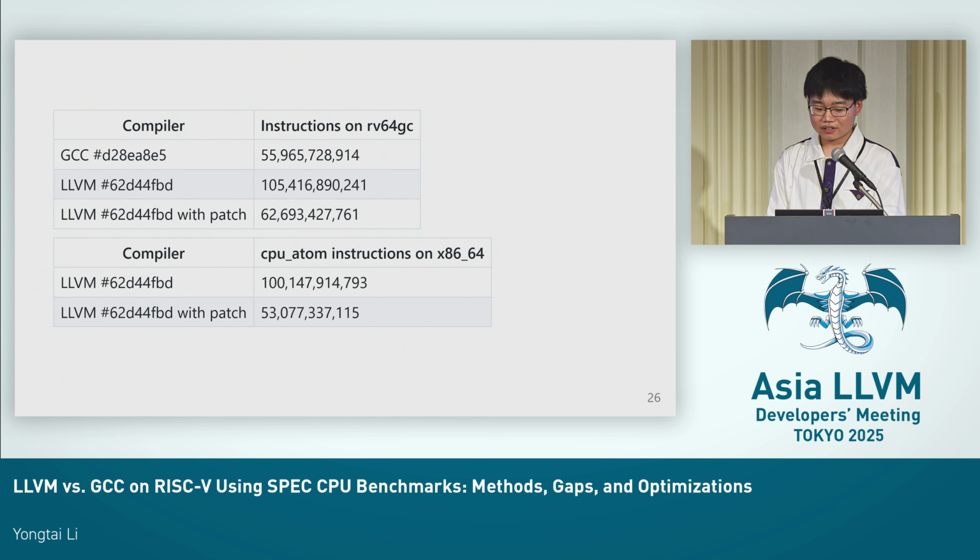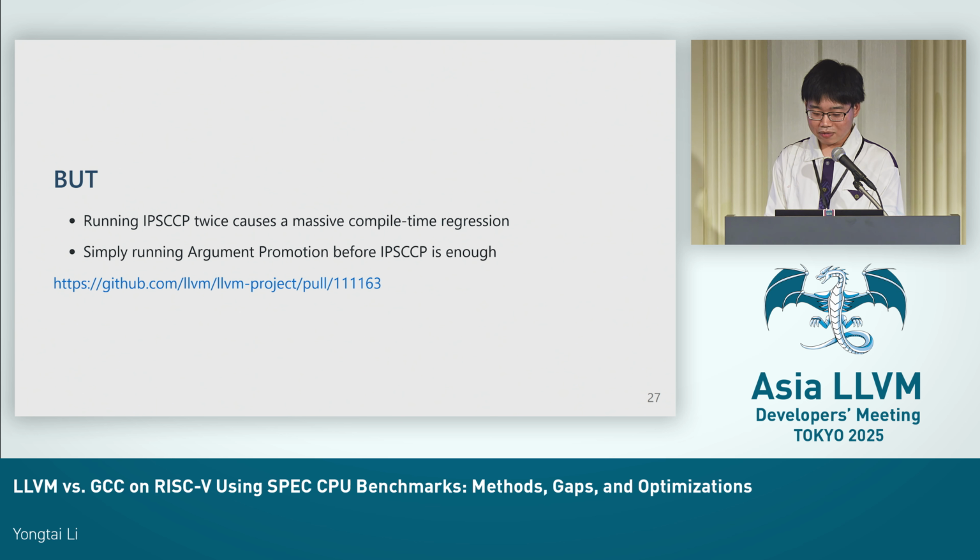Okay. But running the IPSCCP pass twice causes a compile time regression. The good news is that running argument promotion before the original IPSCCP pass makes sense, as the following PR does in the O2 pipeline.